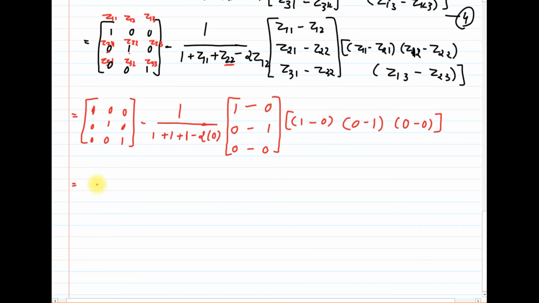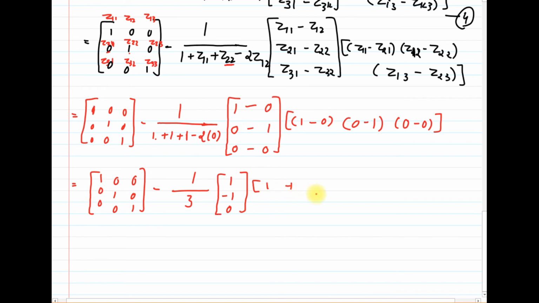Next you will get the Z bus old which is 1 0 0 0 1 0 0 0 1 minus 1 divided by 1 plus 1 plus 1, it is 1 by 3 into the row vector which is, yes, for the calculation of such kind of example your knowledge of matrix multiplication must be sound.